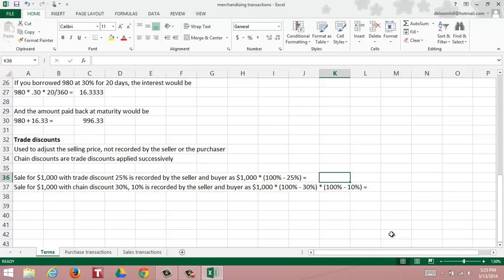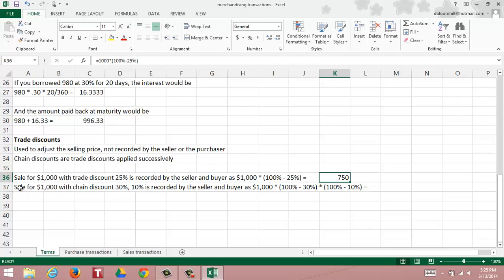So to calculate the sale and the purchase price, you take the list price of $1,000 and you take away the 25% discount by multiplying that by 100% minus the discount percentage of 25%. And both the seller and the buyer would record that transaction for $750. The $1,000 would never come into play.